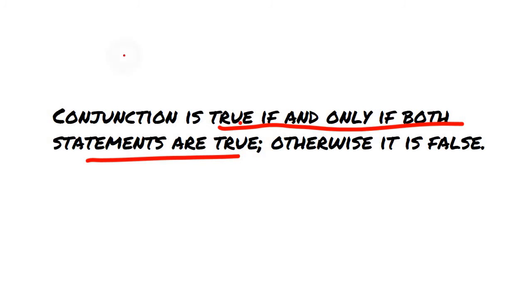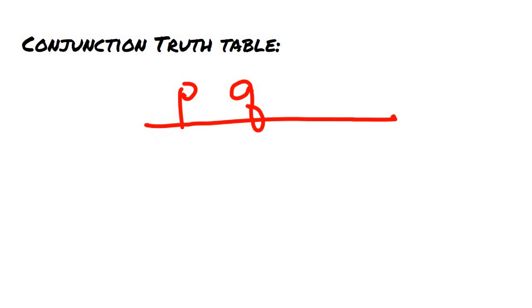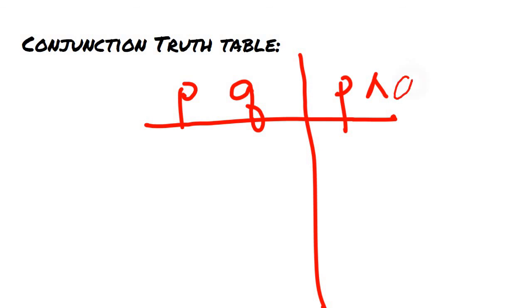Otherwise, it's false, and we usually term it as AND, with the logical expression P and Q. For the truth table, we have P, Q, and with the same reasoning as before, we will have 4 rows in the truth table.